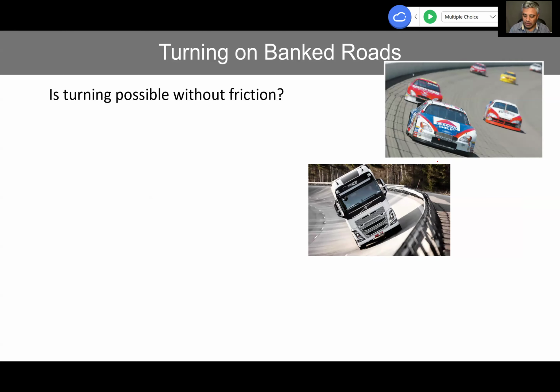For example, you can see on this racetrack the way this car is, where the horizontal line would be something like this. So there is this angle here. That is the banking angle, or angle of banking.